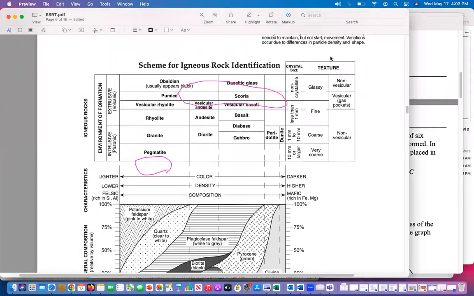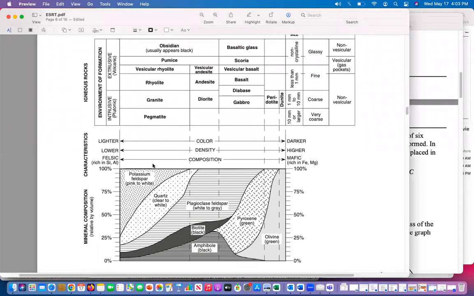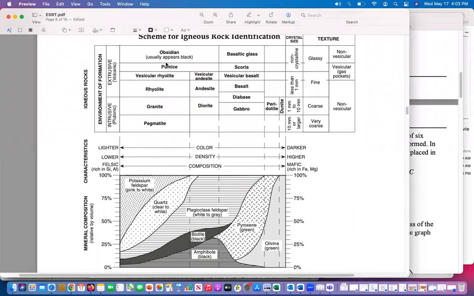And one of the things that I see is granite consists of the mineral potassium feldspar, right? Because it's in this column here. It consists of quartz. It has some plagioclase feldspar here, right? It has some biotite, and it has some amphibole.